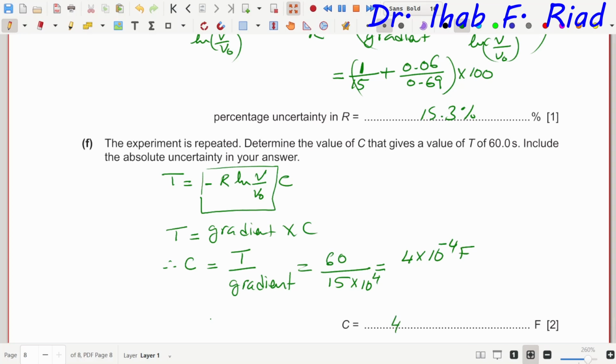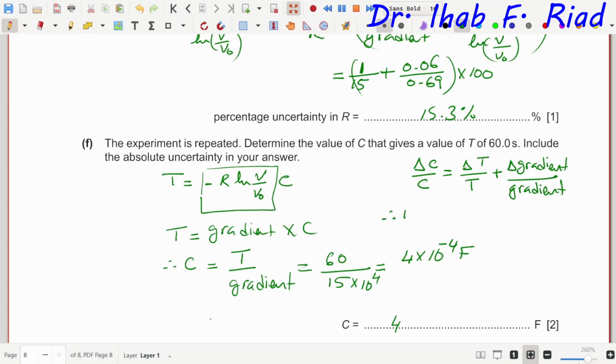Then it is 4. And he is asking to include the absolute uncertainty. Okay, how do I calculate the absolute uncertainty? It is going to be delta C divided by C is equal to delta T divided by T plus delta gradient divided by gradient.